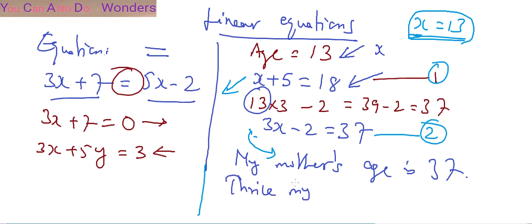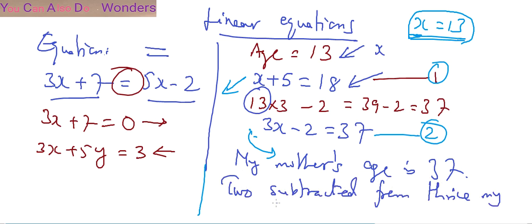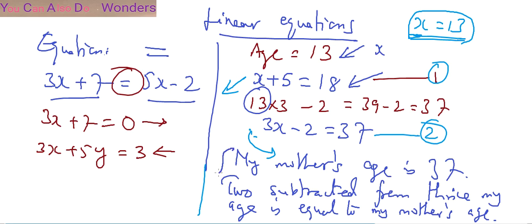So 2 subtracted from thrice my age is equal to my mother's age. We can make a statement like this. Instead of saying his age is 13, he can say 2 subtracted from thrice my age is equal to my mother's age. So this also will give the age of 13.